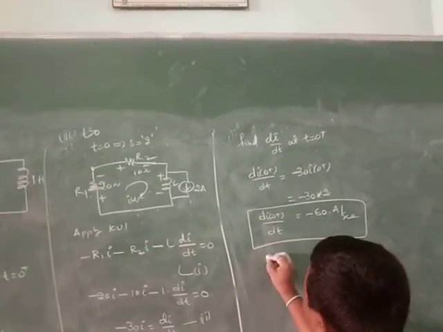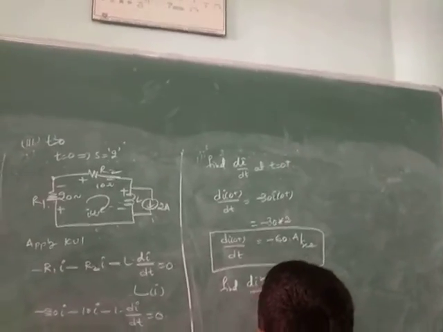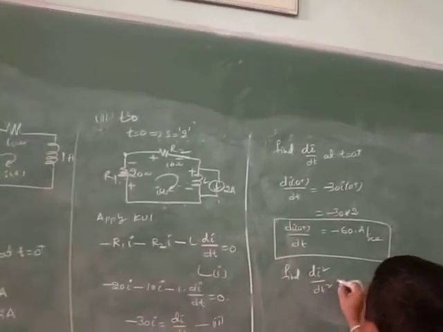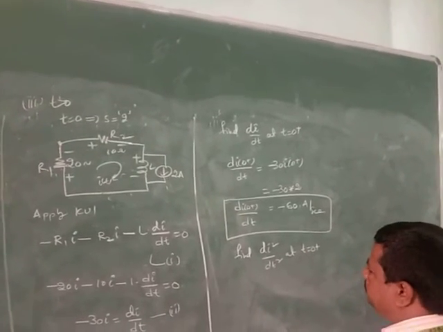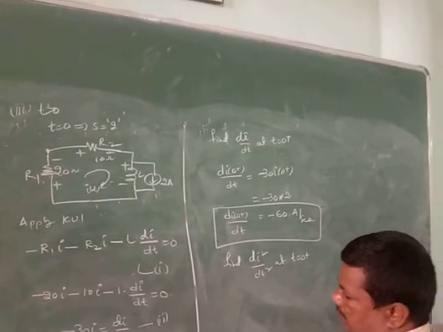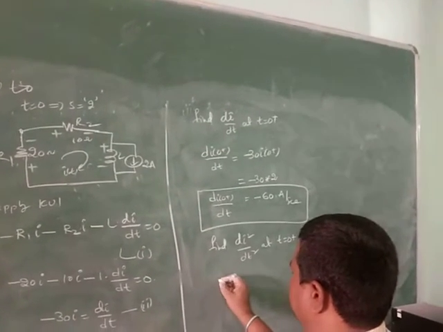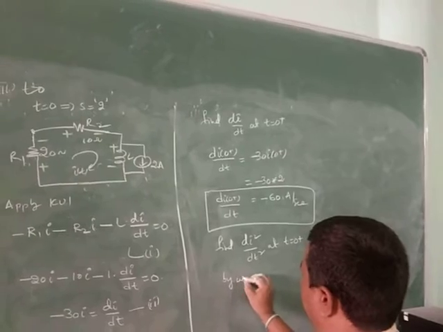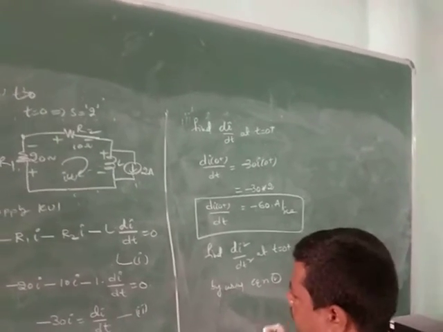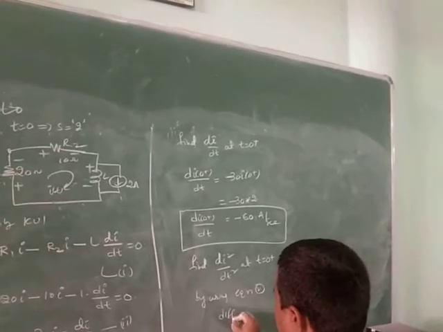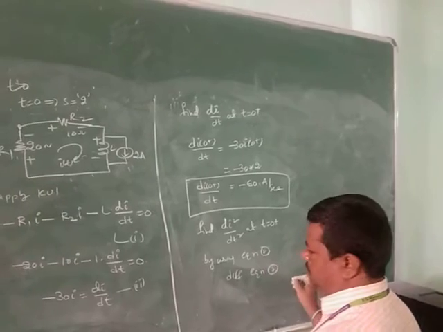And the last one is to find d square i by dt square at t is equal to 0 plus. Again, using equation 2, differentiate equation 2 with respect to time.